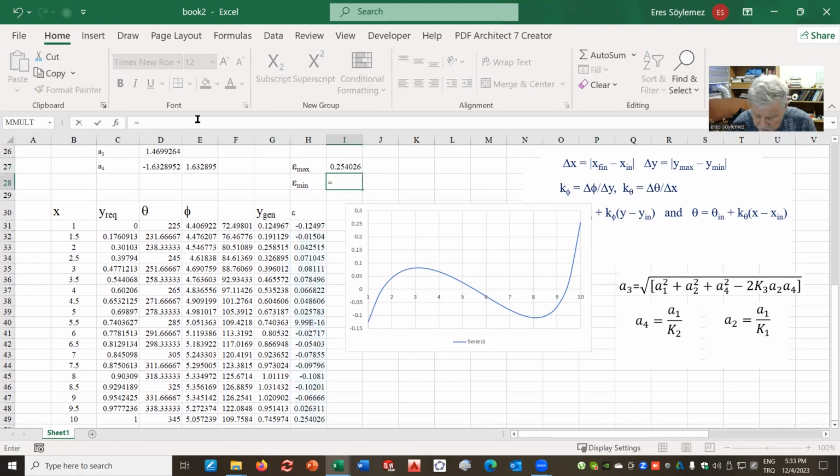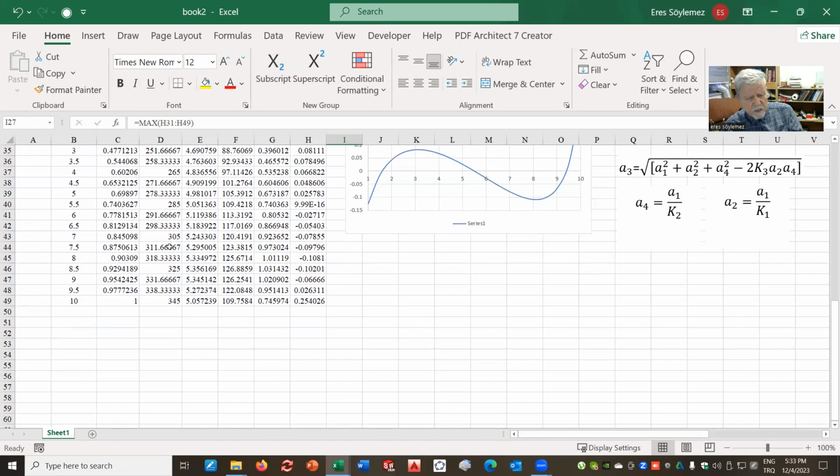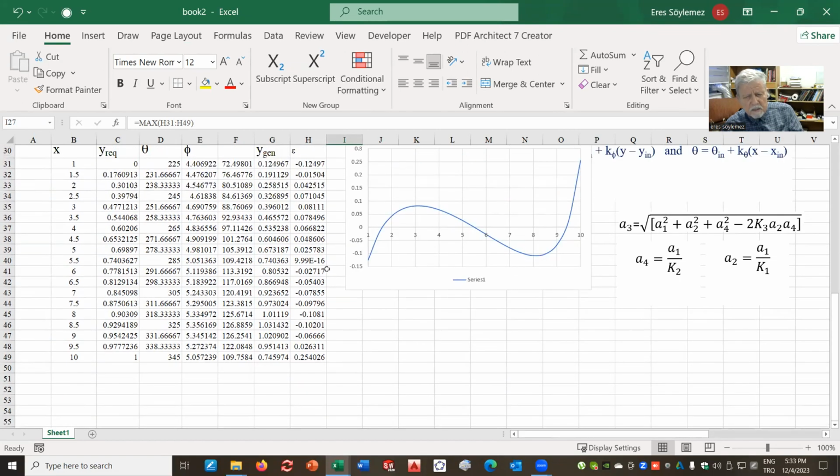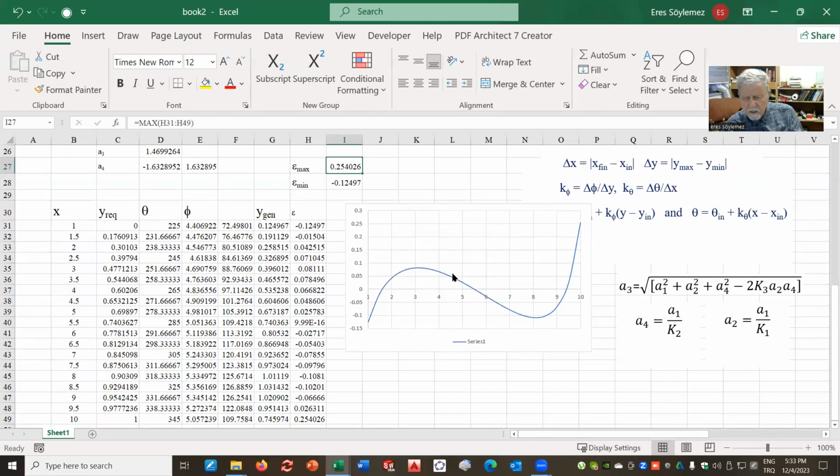Min is equal to min, open up parentheses, from here to here. So it is 0.25 units. It's quite big because Y is changing between 0 and 1, and you have 0.25 error. That's huge error, as you can see, right?